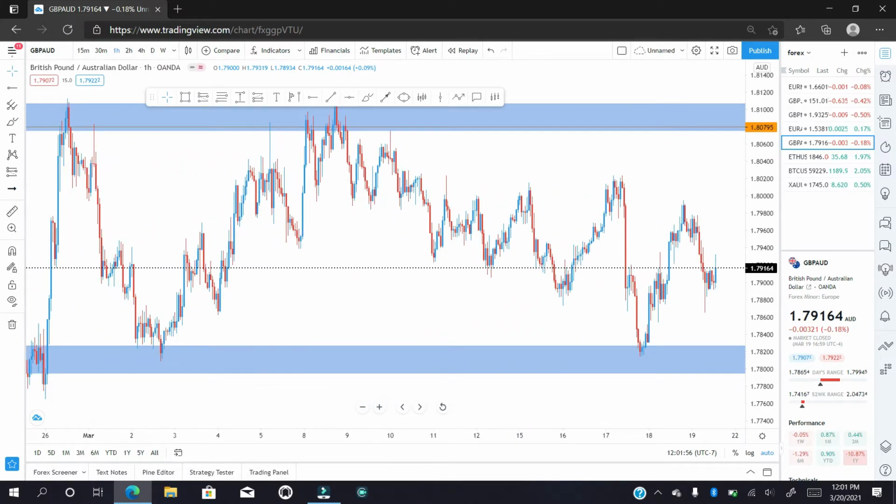And I like to trade a strategy that I can see more often. So I know that if I don't make money today, I can make money tomorrow or the day after.